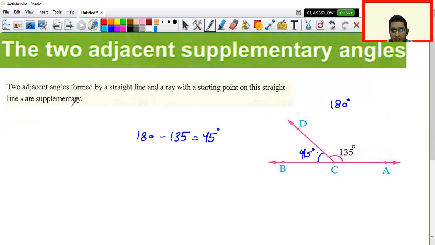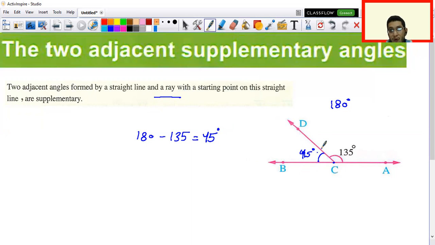The two adjacent angles are formed by a straight line. Straight line means the measure of this angle is 180, and a ray starts from a point on this straight line. This ray CD starts with a point that belongs to the straight line AB.